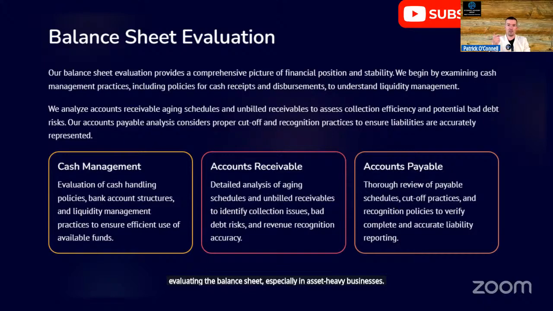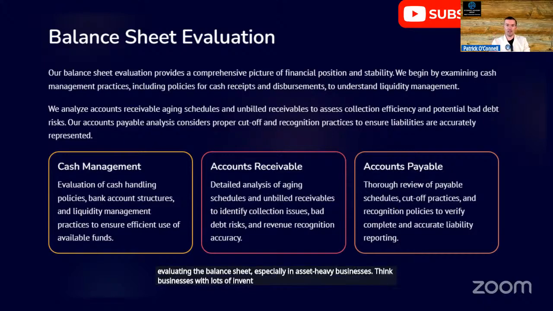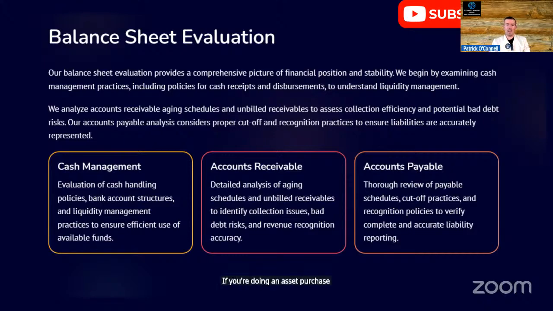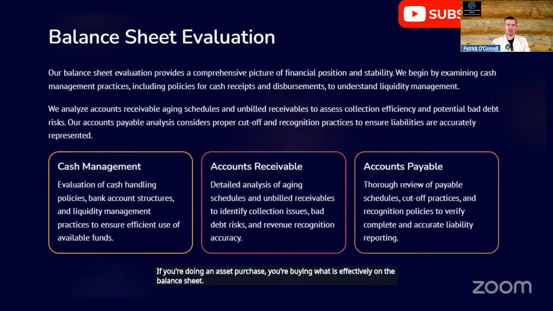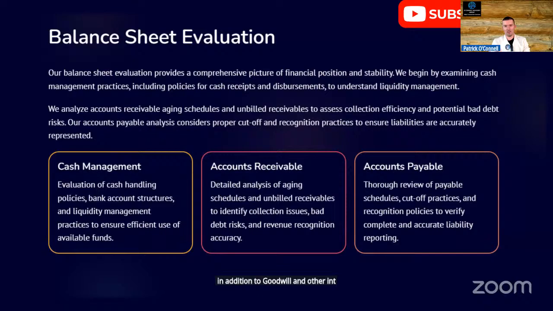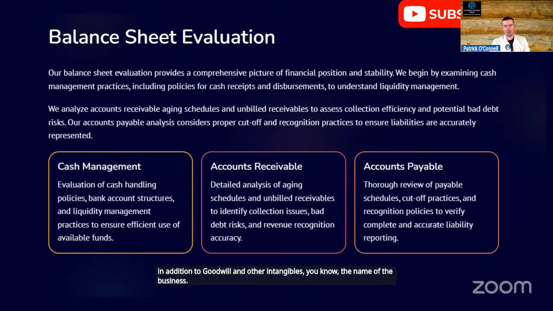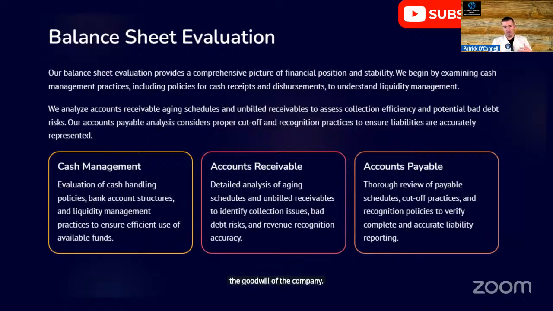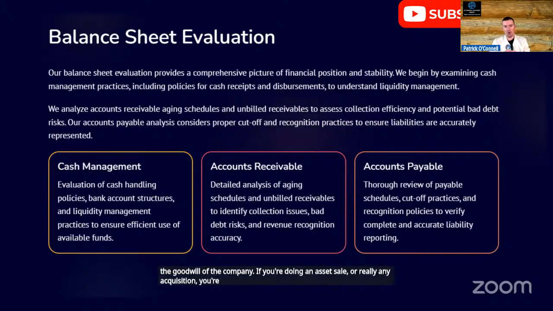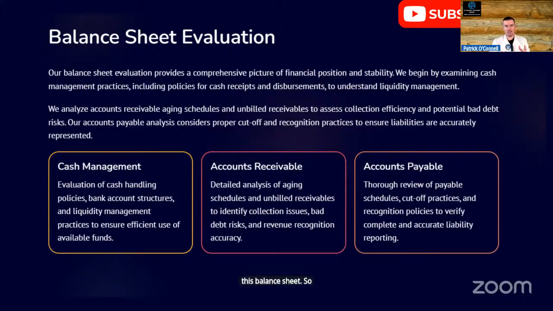Think businesses with lots of inventory, significant accounts receivable, etc. If you're doing an asset purchase, you're buying what is effectively on the balance sheet, in addition to goodwill and other intangibles, the name of the business, the goodwill of the company. If you're doing an asset sale or really any acquisition, you're buying what is on this balance sheet. So what that looks like is really the crux of why this analysis is so important.